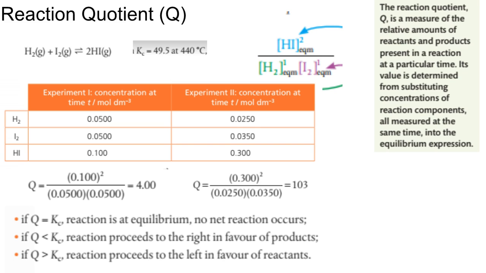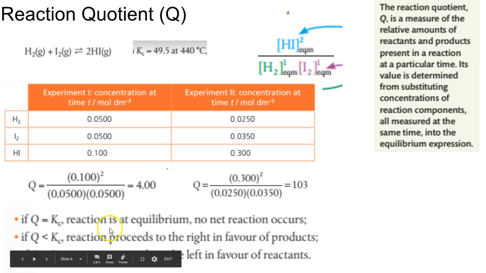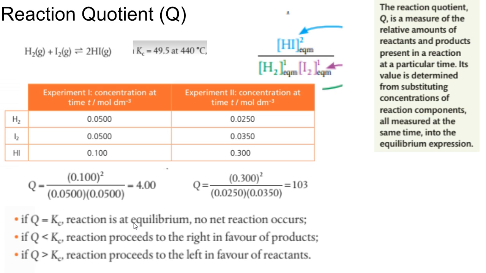Well, if the Q value is equal to the equilibrium constant, the K value, then it tells us, hey, perfect, we're at equilibrium, and we don't need to shift anywhere. If the Q value is less than K, so right here, this Q value is less than K because K is about 50 and Q is at 4, then this reaction needs to move towards the products more before it reaches equilibrium.